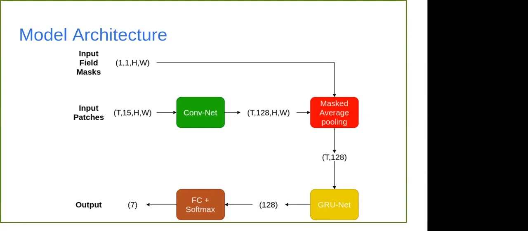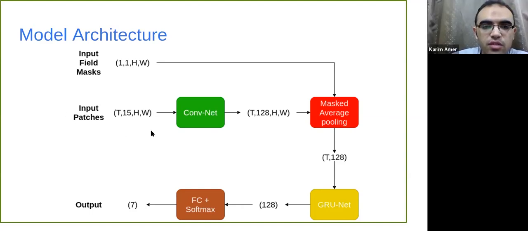Okay. So for the first input, one by one by H by W, the H and W would be your 32 by 32 in this case. Yes, H 32, W 32. Now, what about the spectral bands, the RGB and the other ones? For this one, it is included in the input patches.